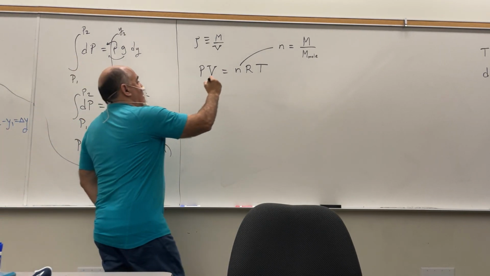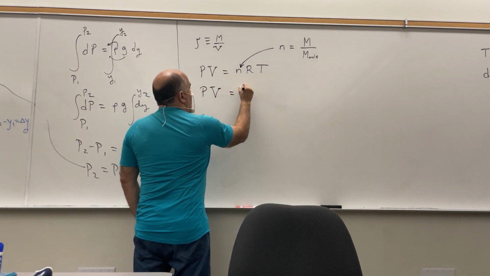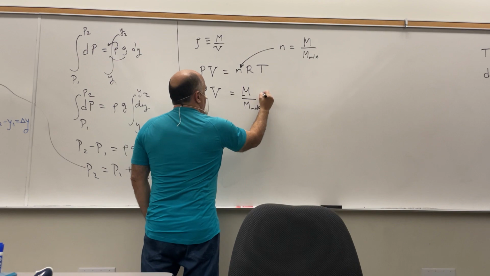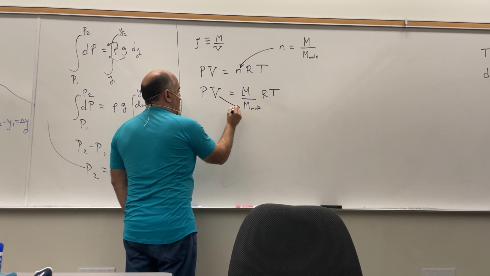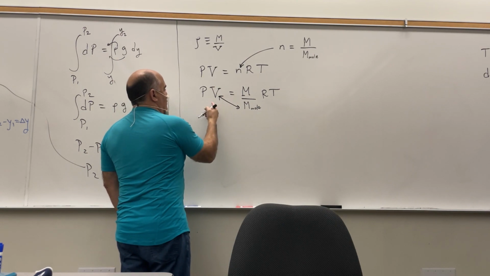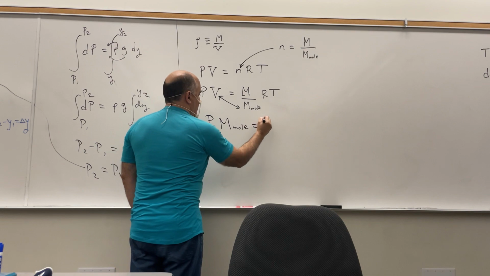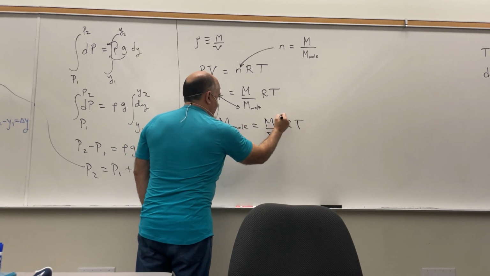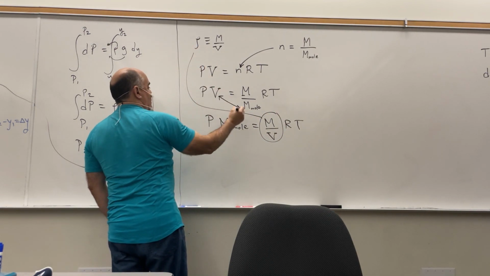So if I plug that in here, I get PV equals M over mole RT. And if I exchange these two, I'm going to get P times the mass of a mole equals the mass over the volume times RT. And this is the density.